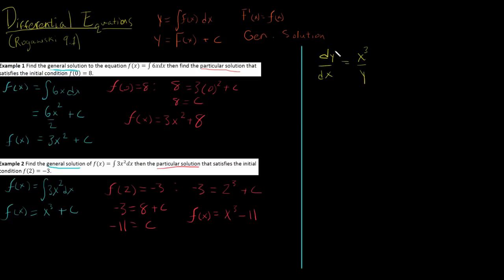Since the highest derivative in this example is the first derivative, we would call this a first order differential equation. Now in AB, we're really only going to mess around with first order differential equations. I can't think of any examples off the top of my head where we'll do second order, but that's definitely something that you'll see in college.